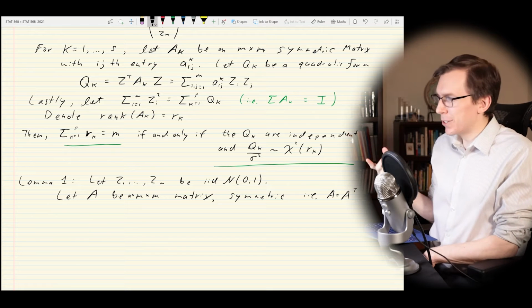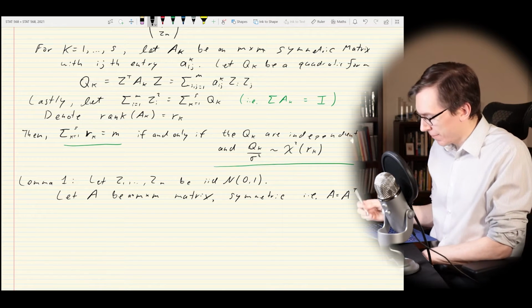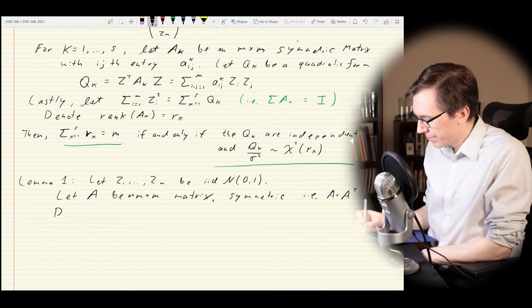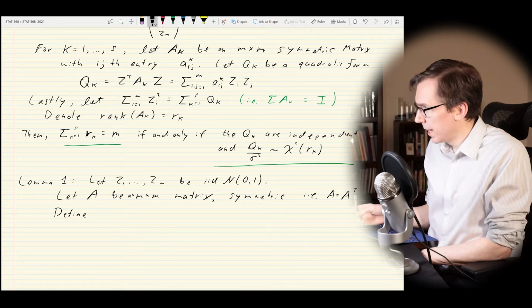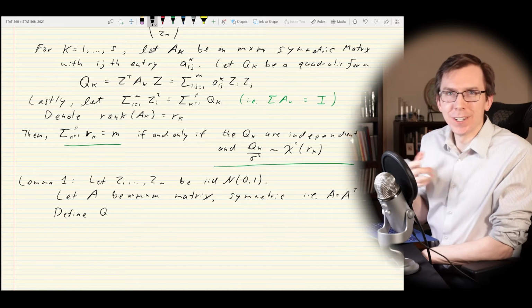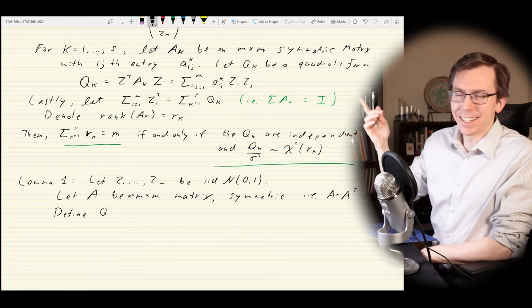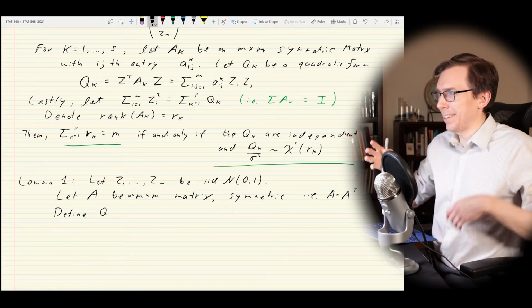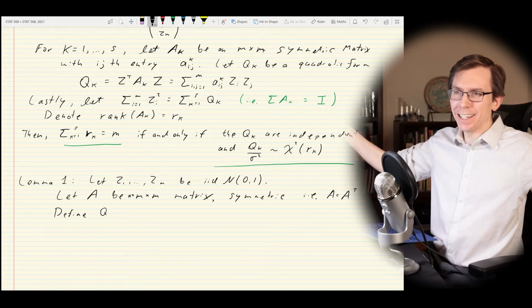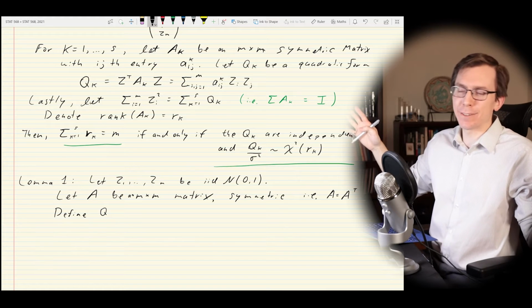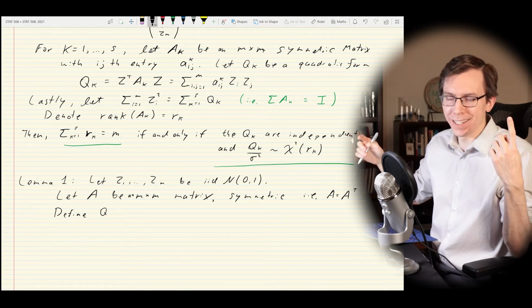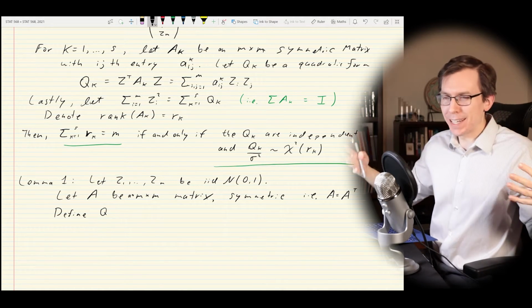So that's the definition we have here of a symmetric matrix. Then we define Q. If you notice, the notation in this lemma is a lot like the notation in Cochran's theorem. It's just that instead of having a collection of matrices A and a collection of quadratic forms Q, we just have one. So start with one, expand to many.